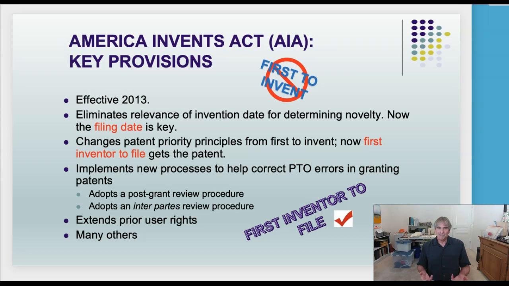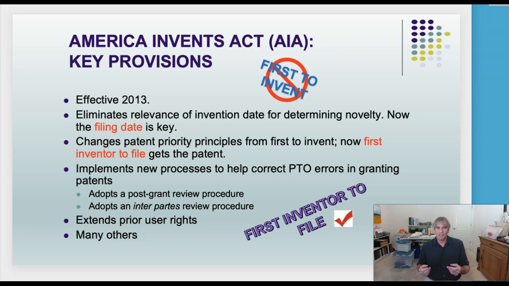To end this overview, I want to briefly show you a few of the changes that were implemented by the America Invents Act, the major patent reform effort that took effect in 2013. So, prior to 2013, the United States clung to the concept that the invention date should be the pivotal moment for patentability.